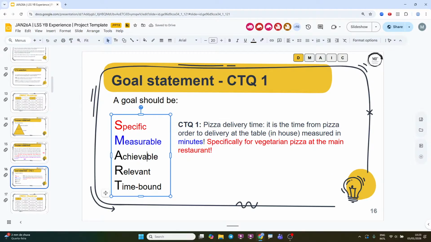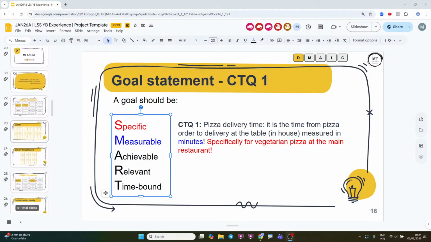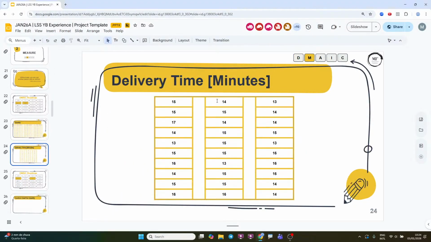And then you may be lucky enough to have historical data. Type historical data if you understand that. You may have good systems in order to understand that right now we are operating with a delivery time of around 15 minutes. You may be lucky enough to have something like that, yeah?